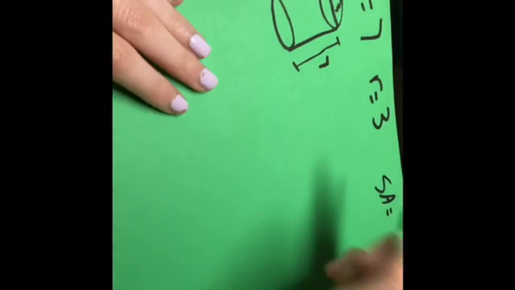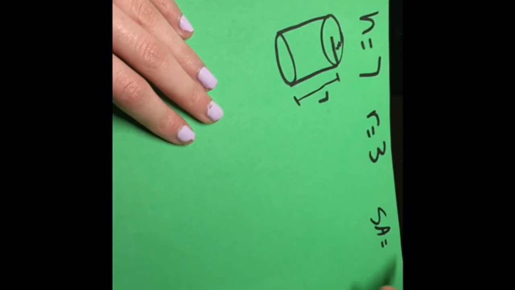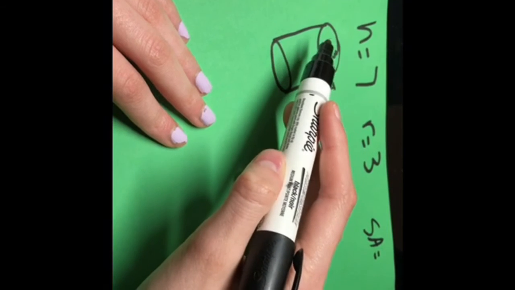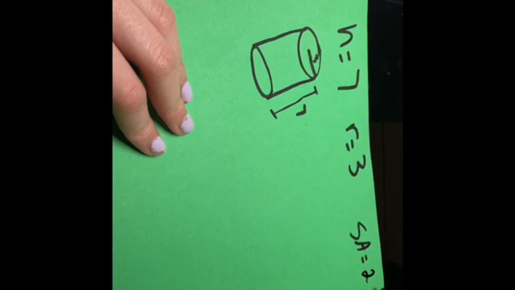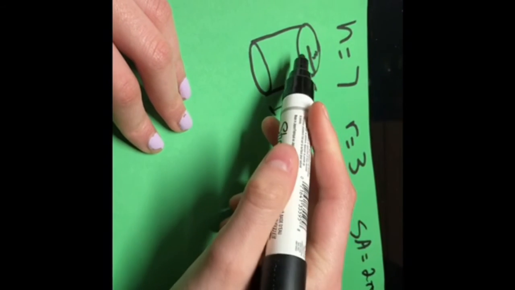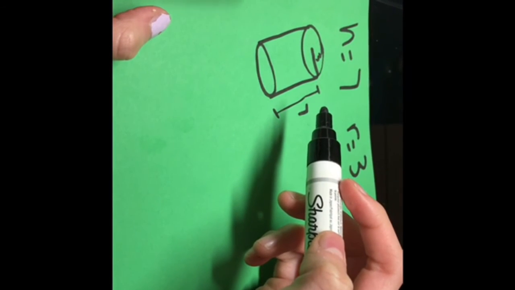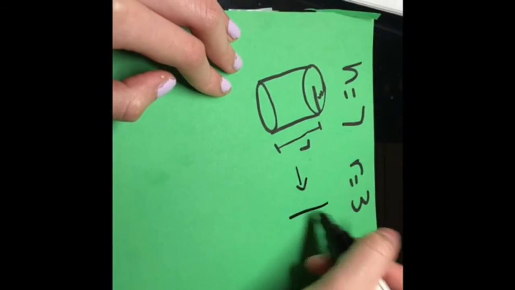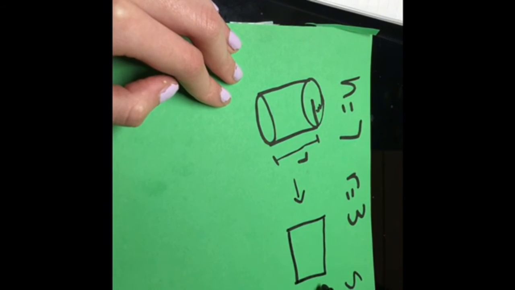So now we're going to use this paper as scratch paper, because we don't want to waste. So here's our picture, height of 7, radius of 3. Surface area equals, so the area of these guys is pi r squared, and we want 2 of them, so 2 pi r squared plus, and then remember this torso part is basically a rectangle, so the height would be 7.